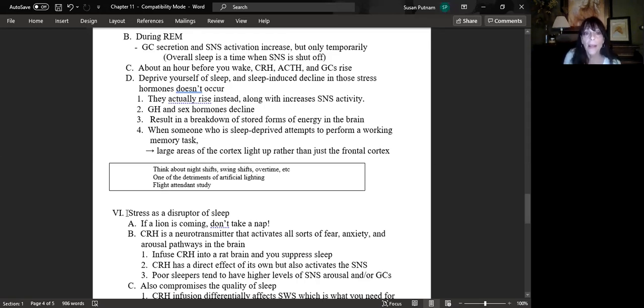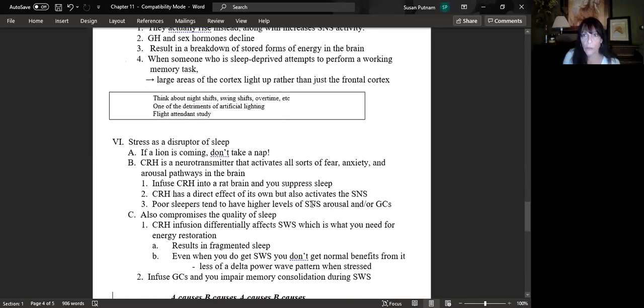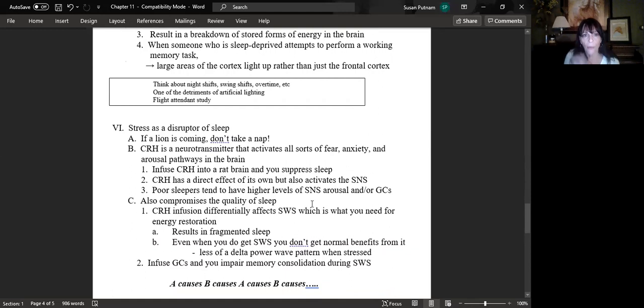There is a flight attendant study in your Sapolsky text. I invite you to take a look at that, but I'm not going to go through it right now. It's just indicating the times that flight attendants have to work and how their days change. Those differences definitely have an impact.